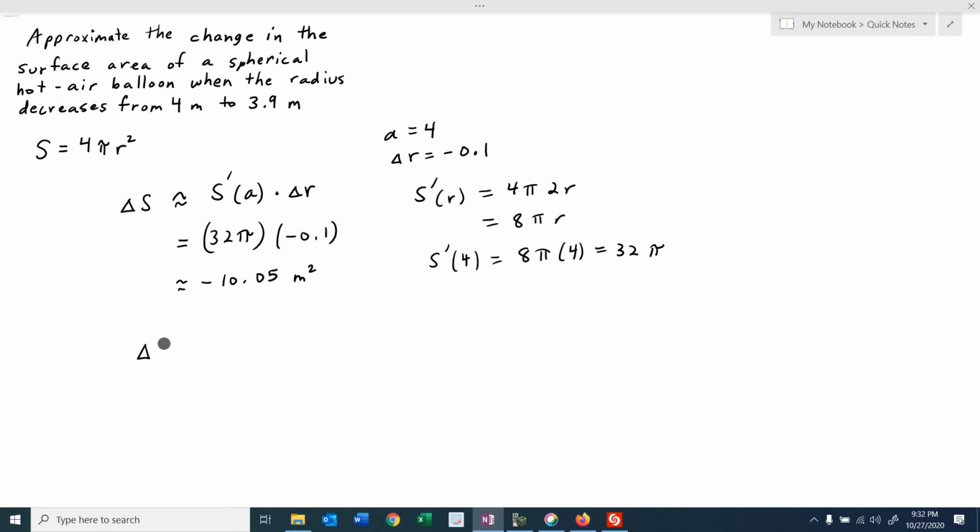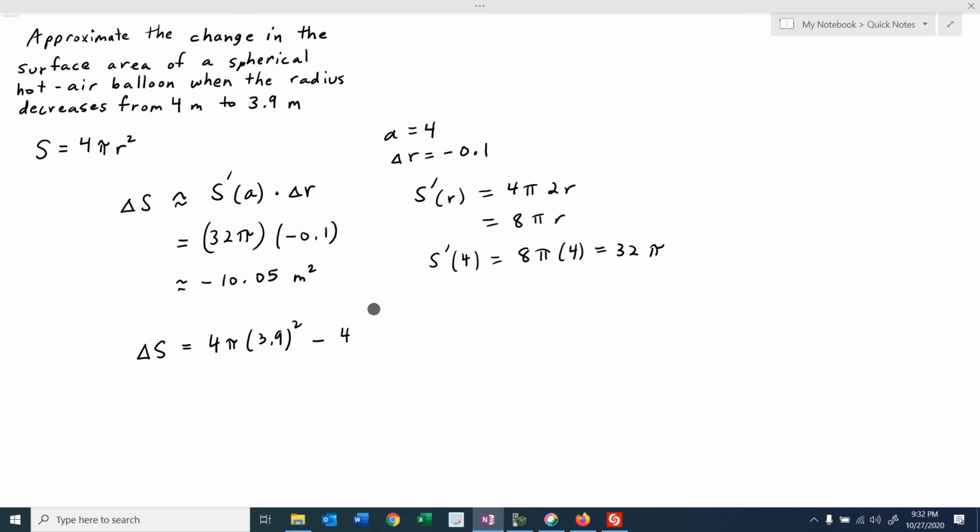The exact change in the surface area, delta S, would actually be the surface area at 3.9. Of course, to find the surface area when the radius is 3.9, you would plug a 3.9 into this formula. So this is going to give us the surface area when the radius is 3.9 minus the surface area when the radius is 4.